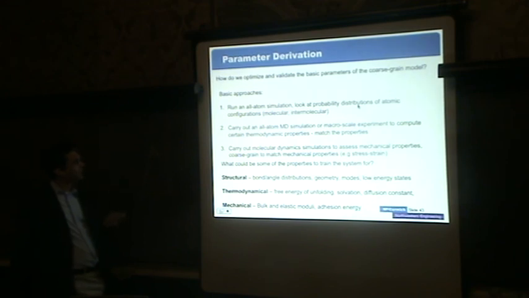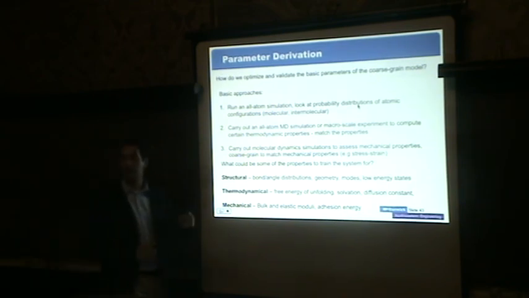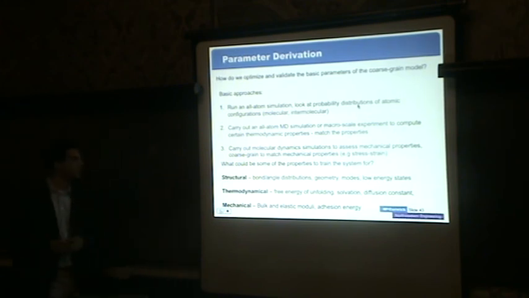You can carry out an all-atom simulation or a macroscale experiment, compute certain thermodynamic properties, and then try to match those properties. And the third way is you carry out molecular dynamics simulations to assess mechanical properties, and then coarse-grain to match mechanical properties along with thermodynamic or structural features.